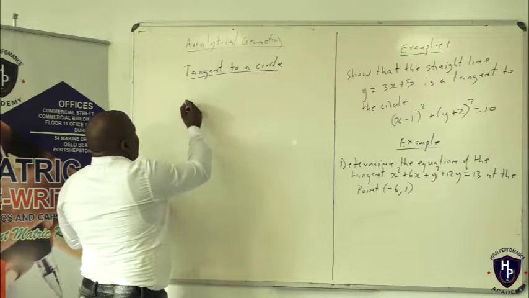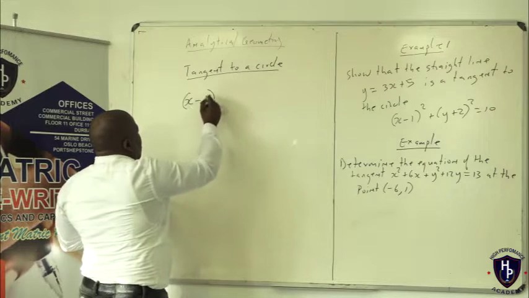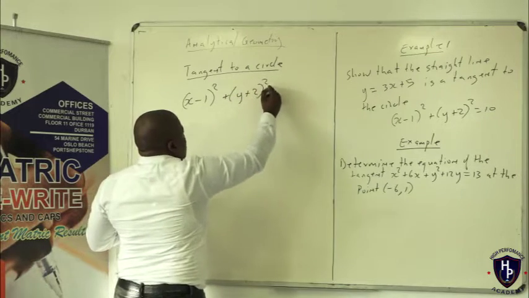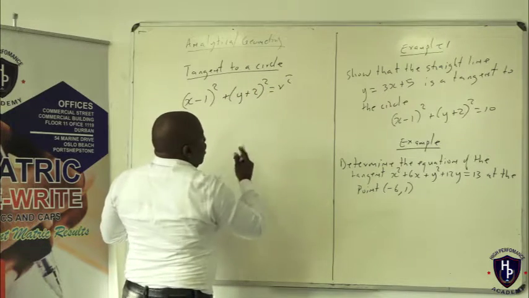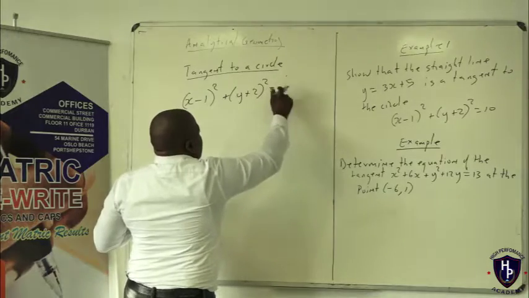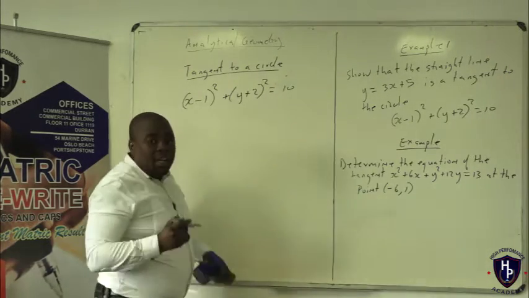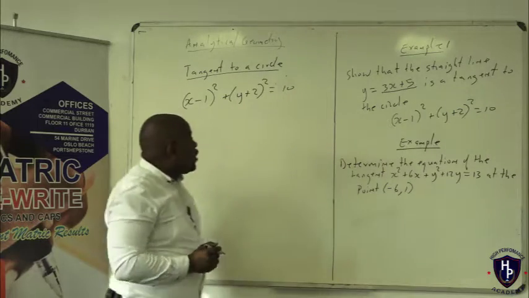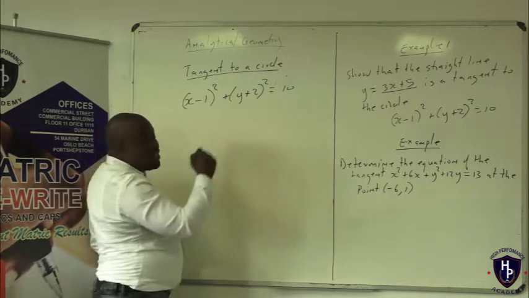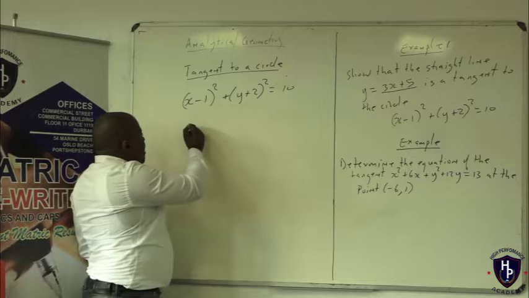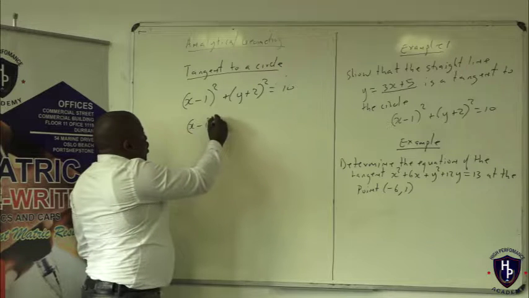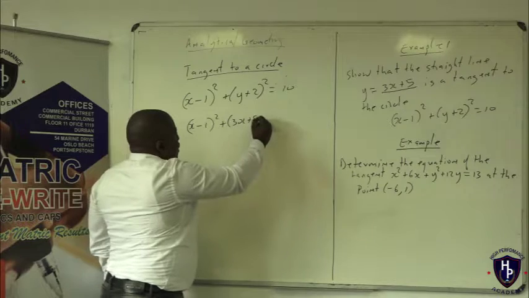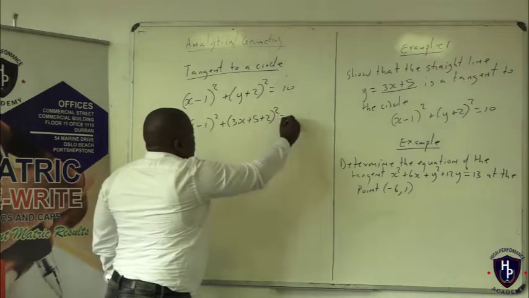We're given (x minus 1) all squared plus (y plus 2) all squared equal to r squared, which is equal to 10. So y is equal to 3x plus 5. Instead of y, you put 3x plus 5. So we have (x minus 1) all squared plus (3x plus 5 plus 2) all squared equal to 10.